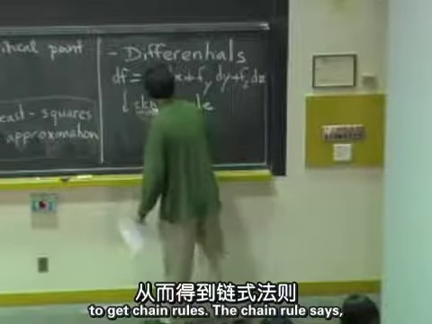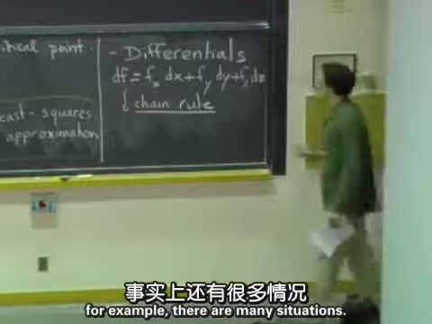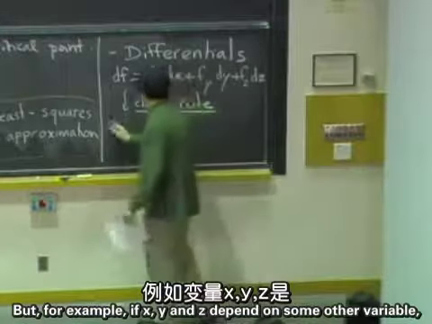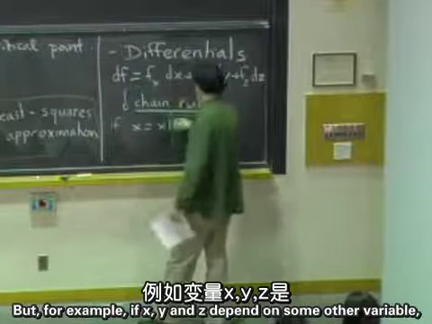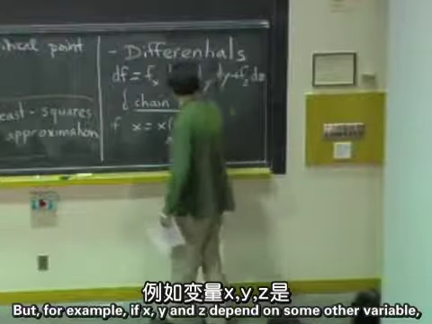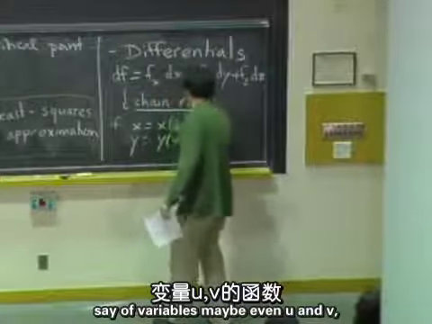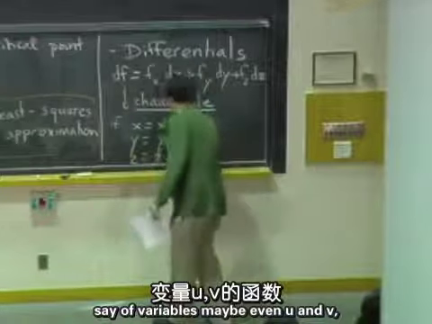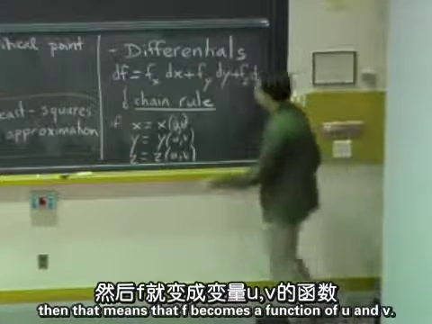So the chain rule says, for example, well, there are many different situations, but for example, if x, y, and z depend on some other variables, maybe even u and v, then that means that f becomes a function of u and v.